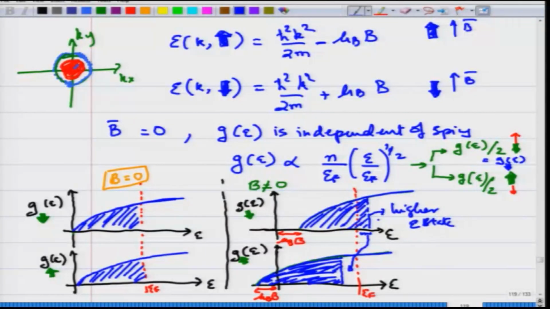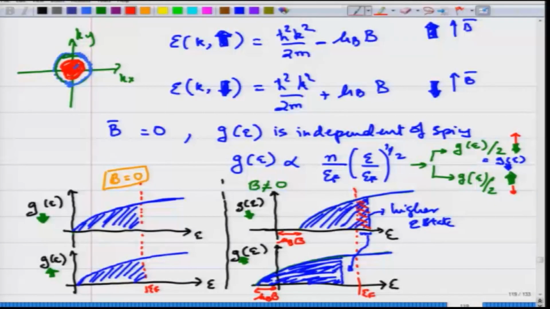So, only these extra electrons which are sitting above the Fermi energy when I apply the magnetic field, because of the shift in energy generated by the magnetic field, and which are actually aligned opposite to the field direction, will flip and come to a direction which is parallel to the field direction.